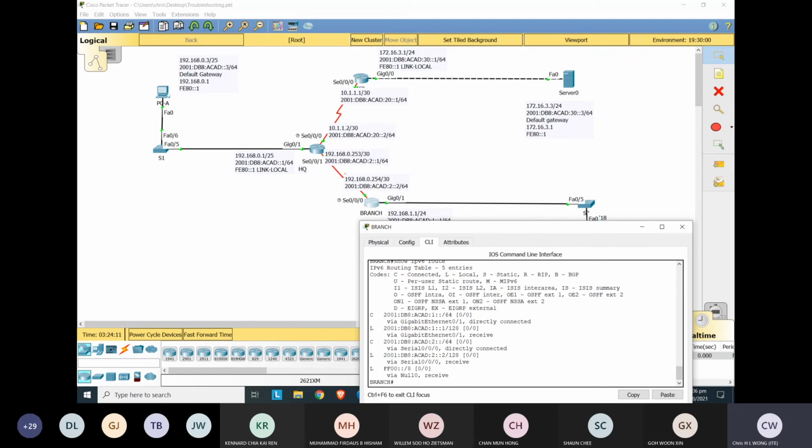So the first question, G, what is the non-directly connected route as shown in the routing table? The answer is none. You should answer none, 0. There's no S, no default routing, so put none. That's why I cannot move that. Next question.